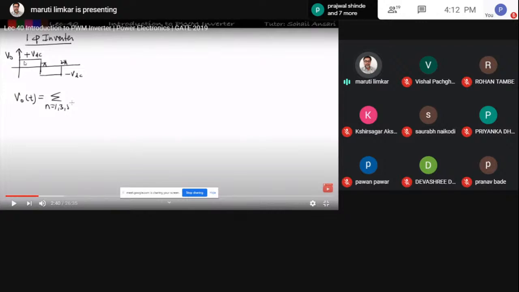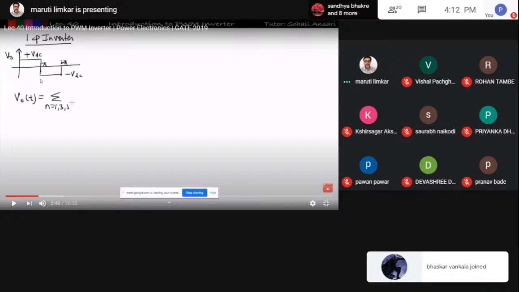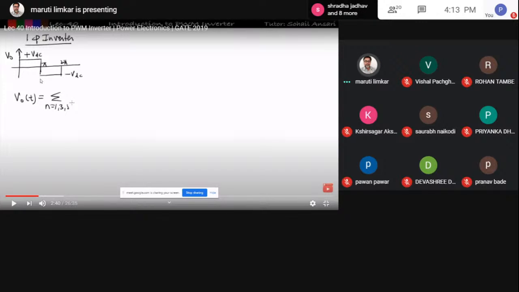When switches S1 and S2 are on, at that time you are getting a positive VDC, that is, the output voltage is equal to the supply voltage. Means we are making S1 and S2 on, and then S3 and S4 will be on.